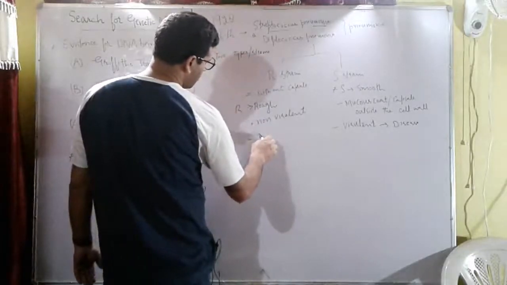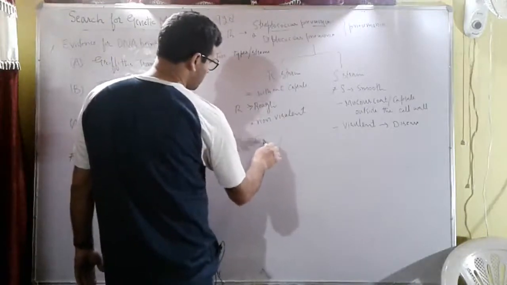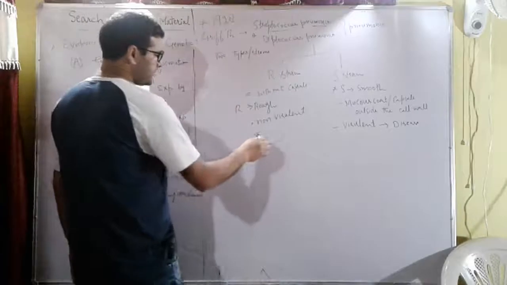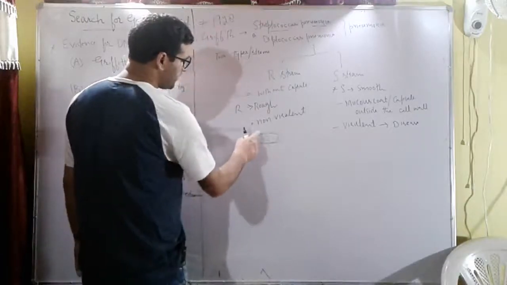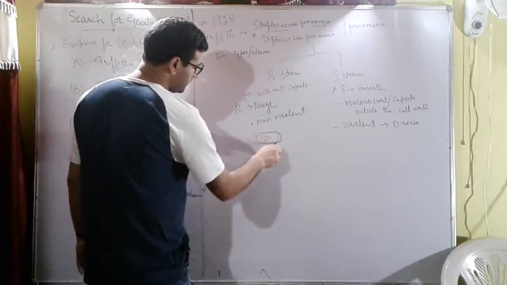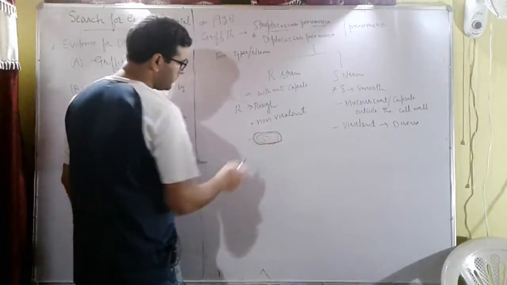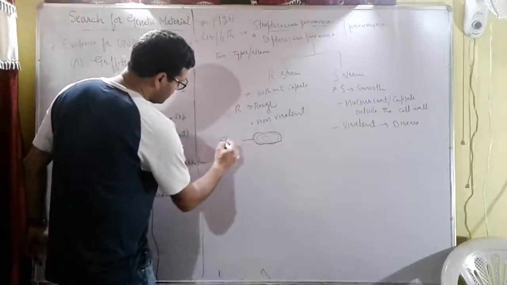For example, this is the bacterium. This is the plasma membrane. Outside this is the cell wall. So this is the cell wall.